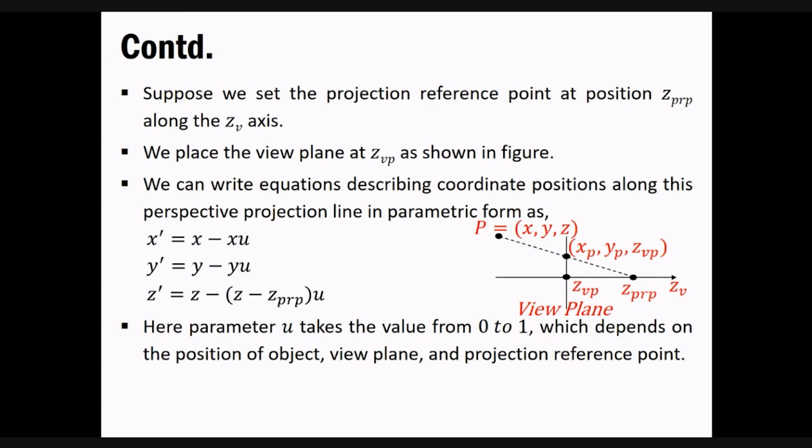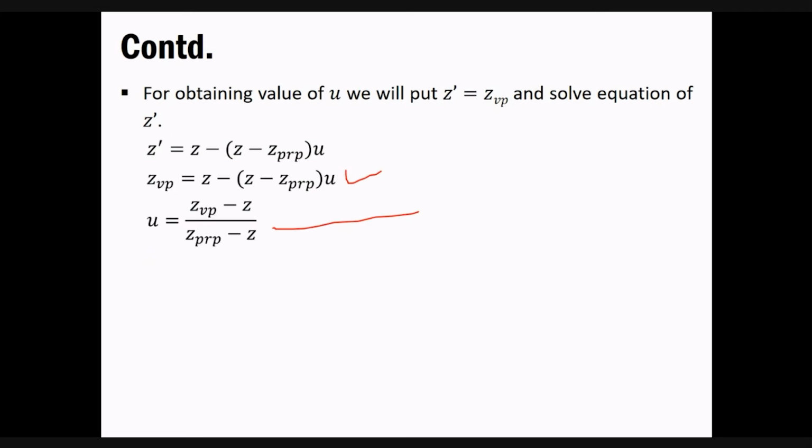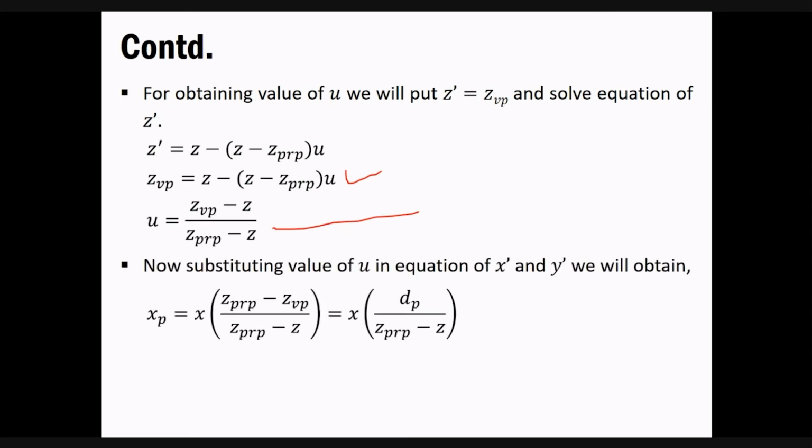We can take x as a common term, and we get x into 1 minus u, and whatever value we have for u, you have to substitute it as it is. Once you do this, you will get the expression in the form written on this slide.